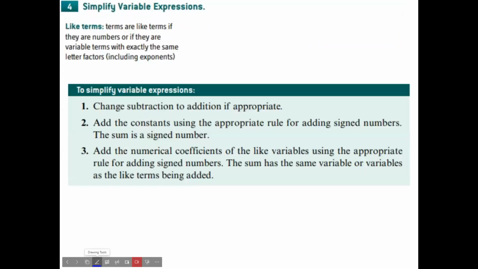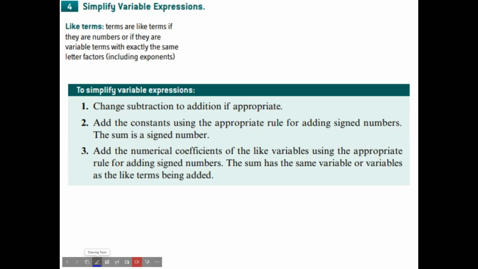Okay, simplify variable expressions. More vocabulary. Like terms. Terms are like terms if they are numbers or if they are variable terms with exactly the same letter factors, including exponents. Okay, so to simplify a variable expression, change subtraction to addition if appropriate.